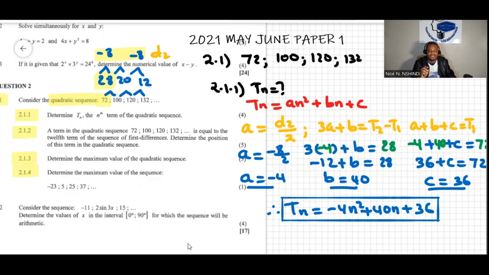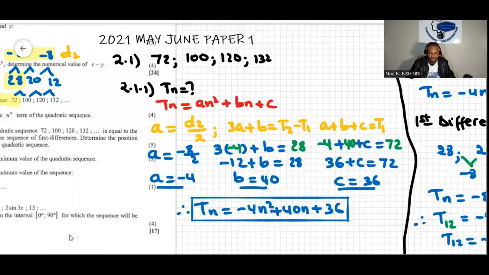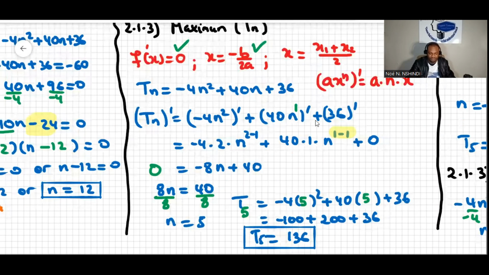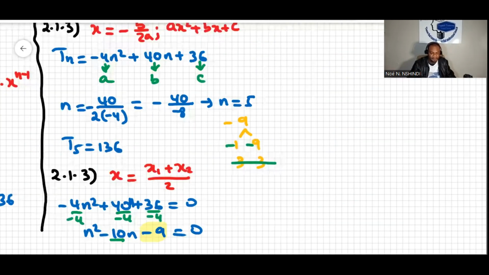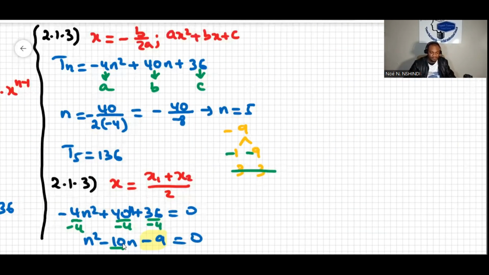The question says: determine the maximum value of the sequence -23, 5, 25, 37, etc. The maximum value of this sequence. All right. Now, let's see. Let me move my board over here. 2.1.4.